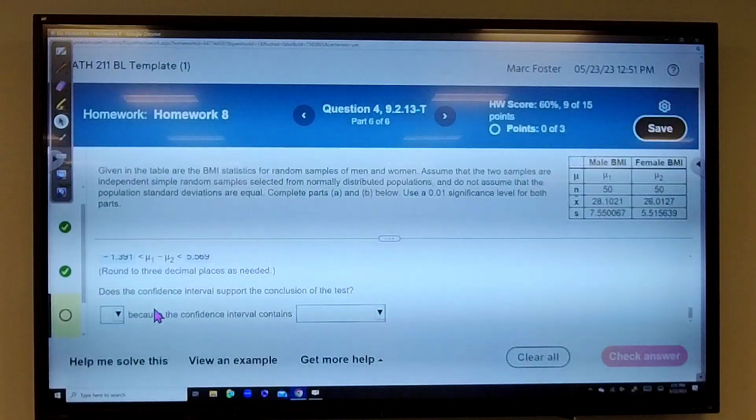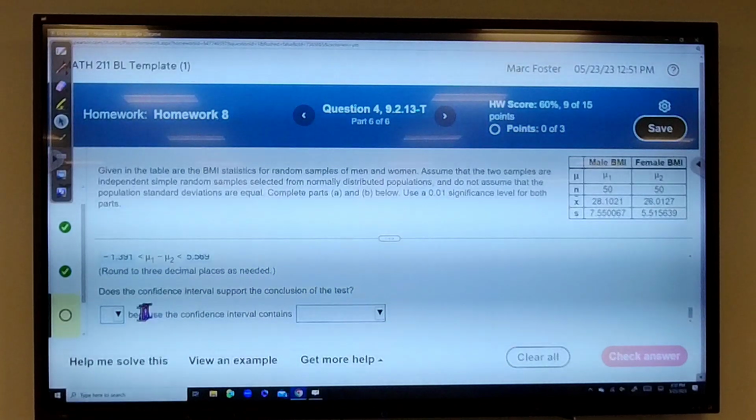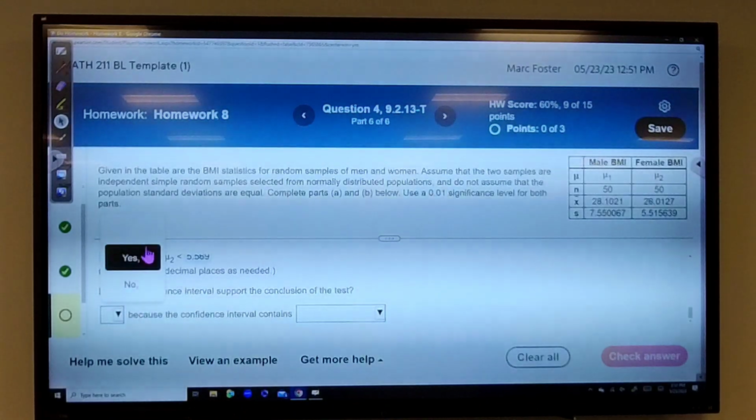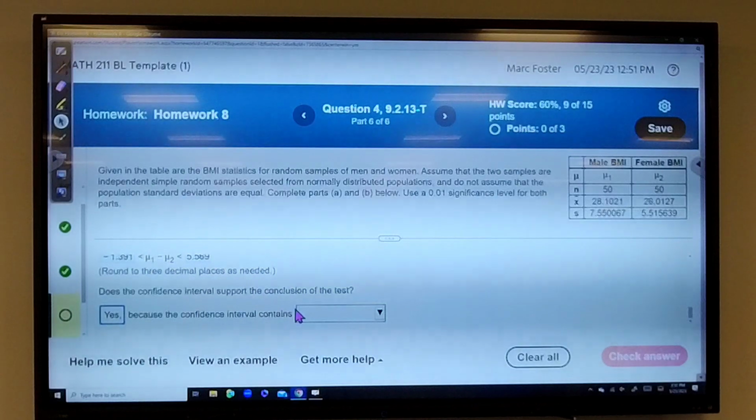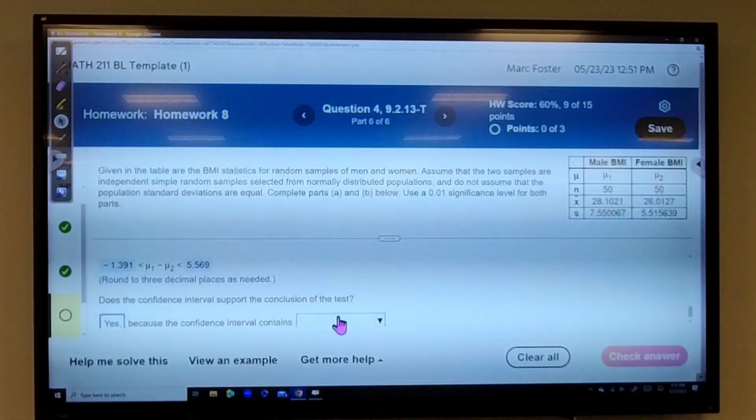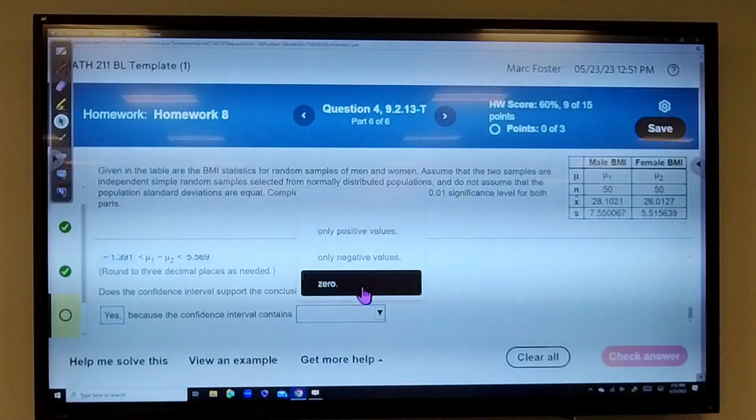Does it support the conclusion? Yes. Confidence interval will always support the conclusion. In this case, it's supporting it because it contains 0.